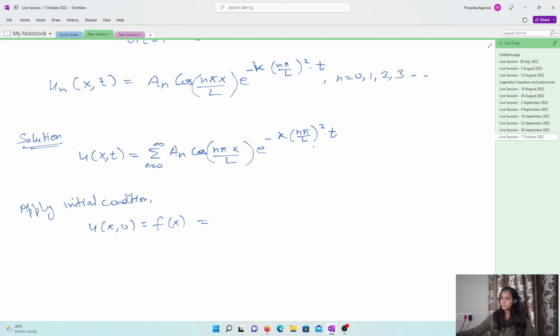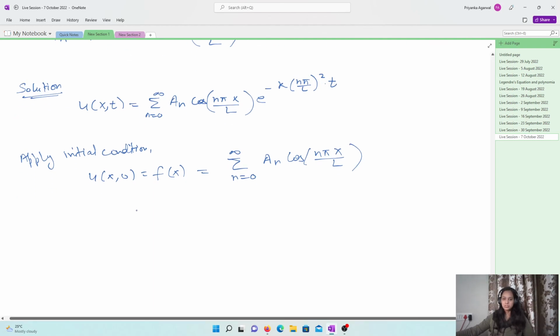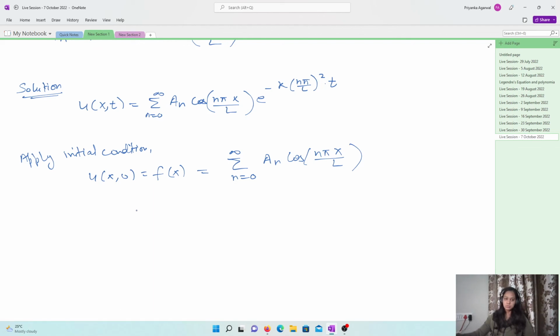We put that e to the power 0 is 1, and this becomes summation n equals 0 to infinity A n cos n pi x over L. So we can see that this is nothing more than the Fourier cosine series for f of x when x lies between 0 to L. And so again we could use the orthogonality of the cosines to derive the coefficients, or we could recall from the lecture also.